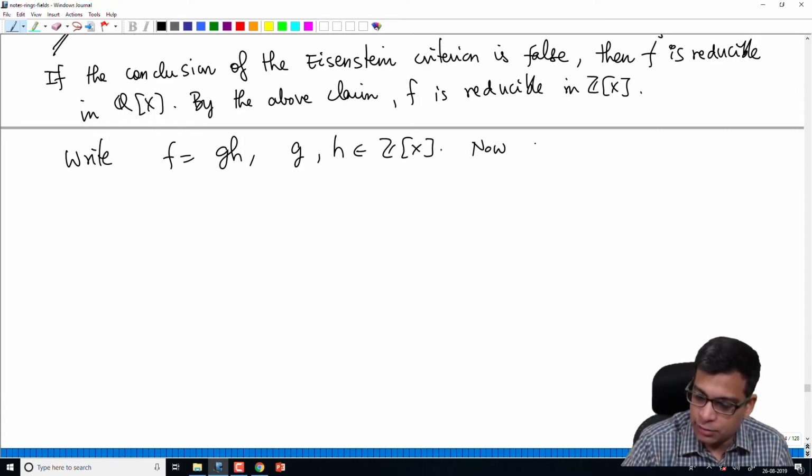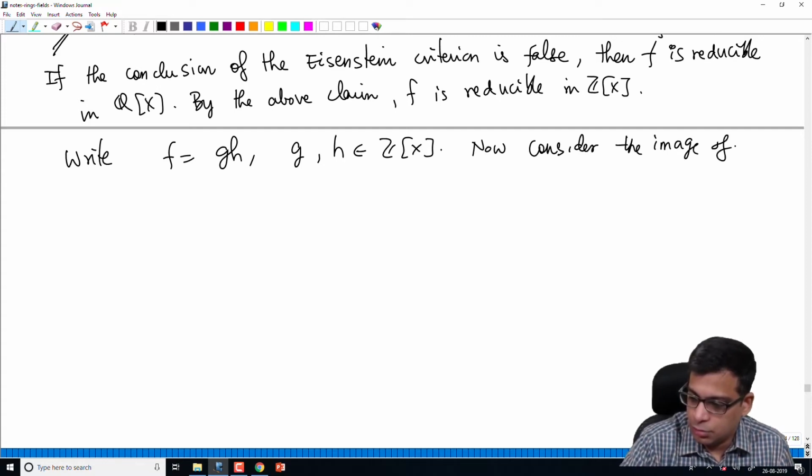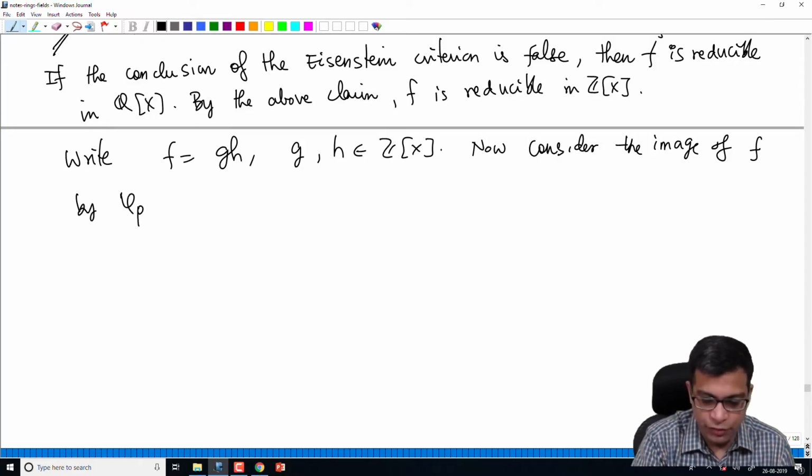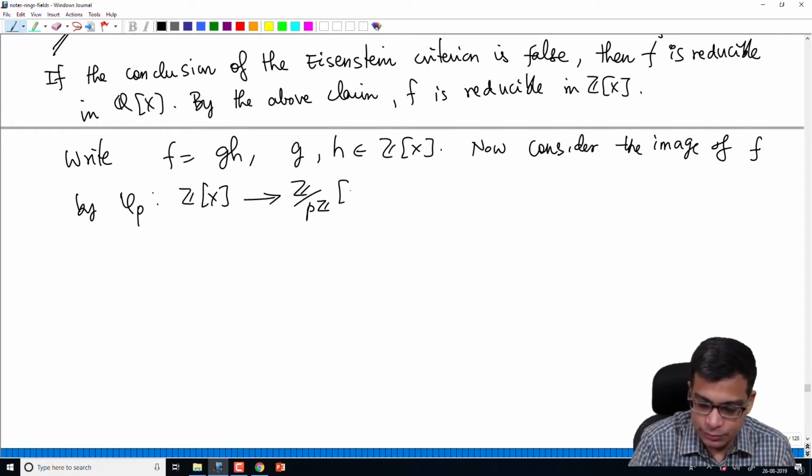Now consider the image of F by phi p that I recalled earlier. Phi p is the map from Z[x] to (Z mod pZ)[x].